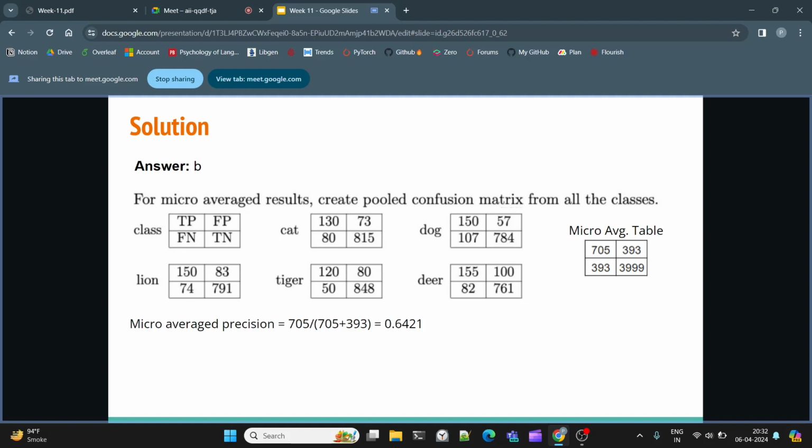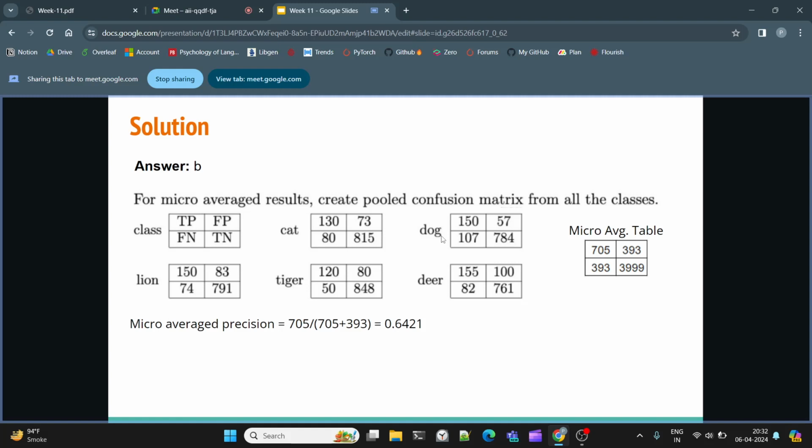Because of that, if there's a class with a higher number of samples, that would take dominance, so whatever precision value it has, more or less a similar value you'll get for the micro average precision. So that will dominate.